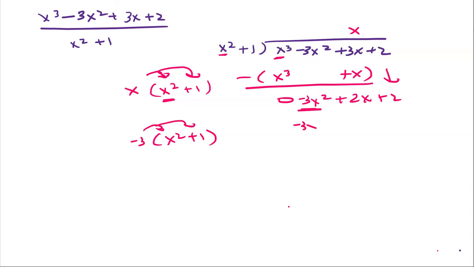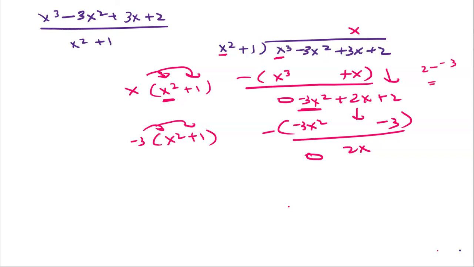That's going to give me a negative 3x squared, sorry, minus 3, right? Because negative 3 times 1 is a negative 3. Then we subtract. So negative 3x squared minus negative 3x squared is 0. Then I bring down the 2x, and then 2 minus negative 3 is 2 plus 3, which gives us a positive 5. Okay, so I have my minus 3 there.